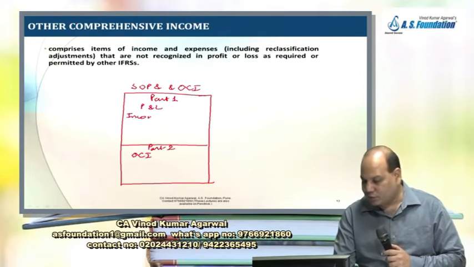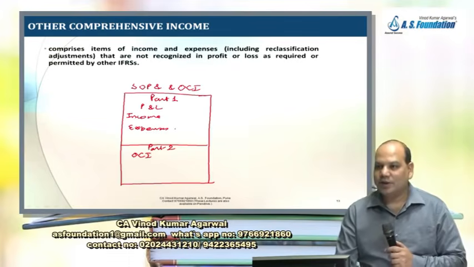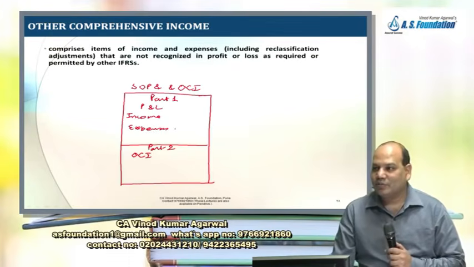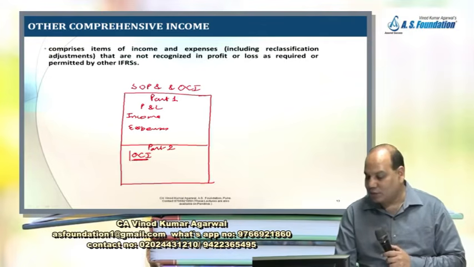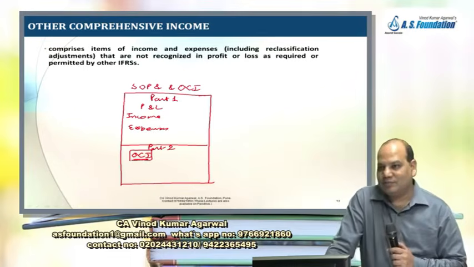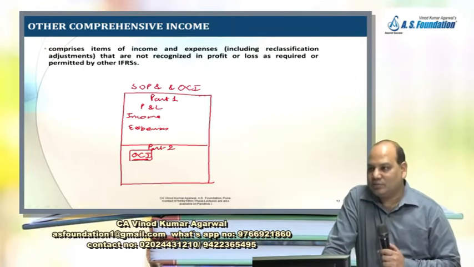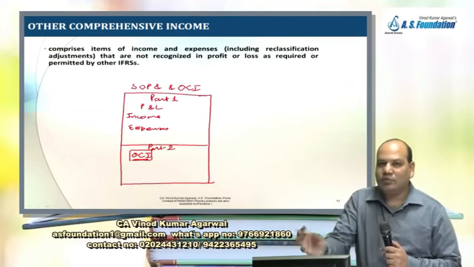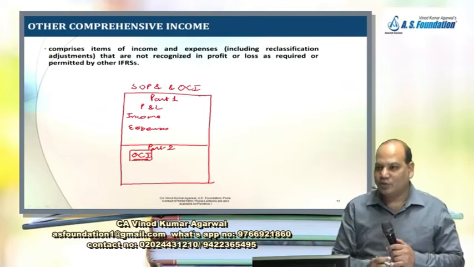Here we write items of income and expense. Usually these are recognized items. And usually these are unrecognized items. For example, revaluation gain is just a book entry. Many gain or loss relating to financial instrument.